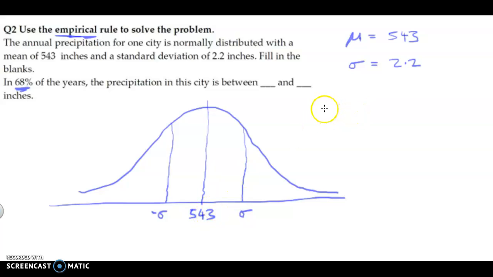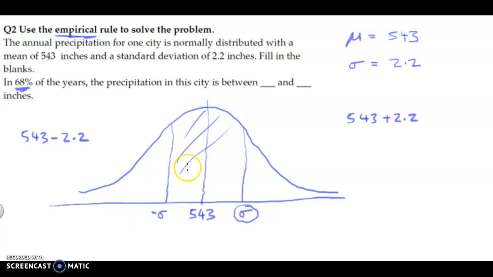So in one case, it's going to be 543 plus 2.2. That'll give us this value here. And the negative sigma here is going to be 543 minus 2.2. With that set up, this area between those two cut-off points would be 68% of the years.